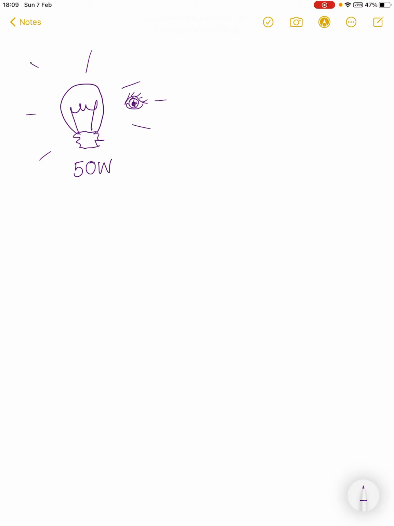If you were back here, you would experience less radiation. Now, the important thing here is that the power of the bulb hasn't changed. So the energy transferred per second hasn't changed. However, what you're experiencing in terms of the intensity of the radiation has changed.